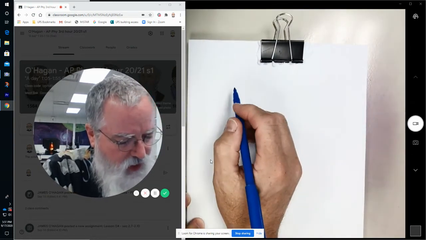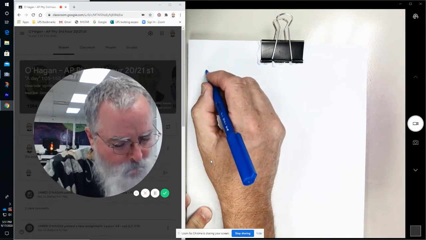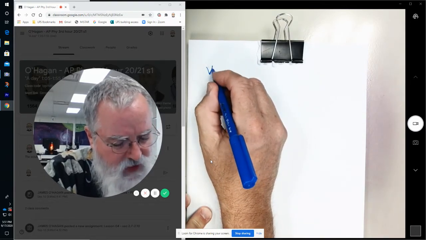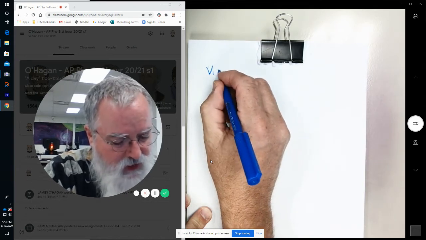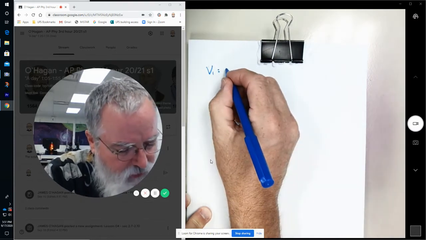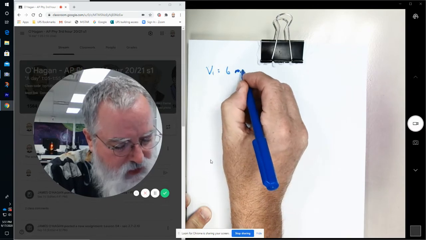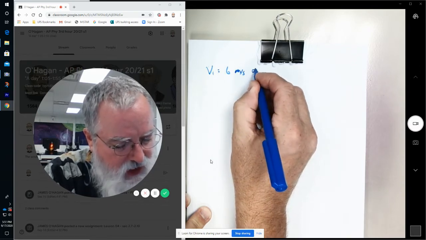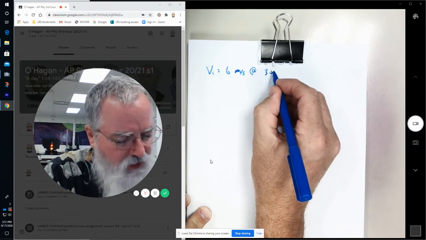All right, so let's say vector 1, it could be a force, it could be a velocity, whatever, is going to be, give me a number, kids. All right, 6 newtons, oh no, it can't be newtons, 6 meters per second at 30 degrees.